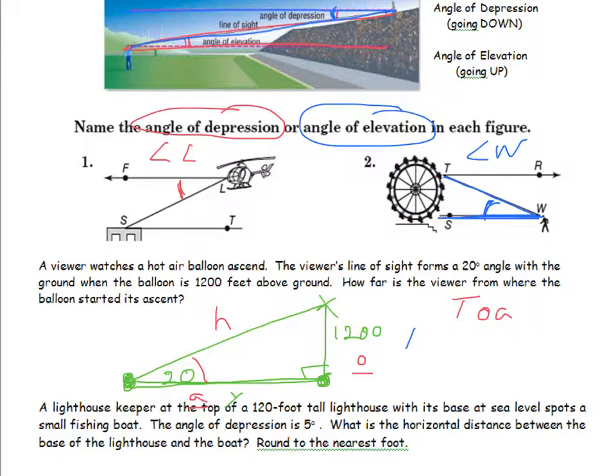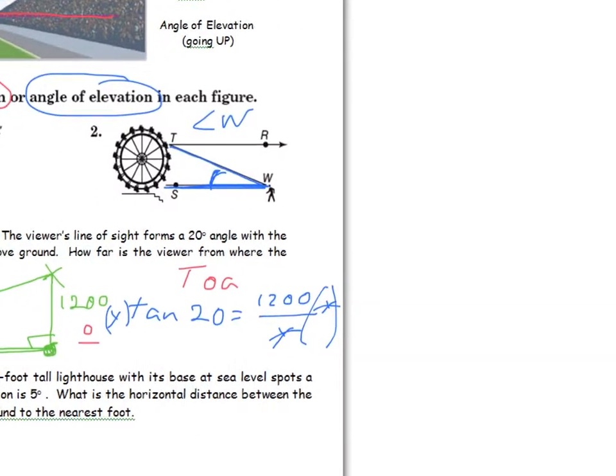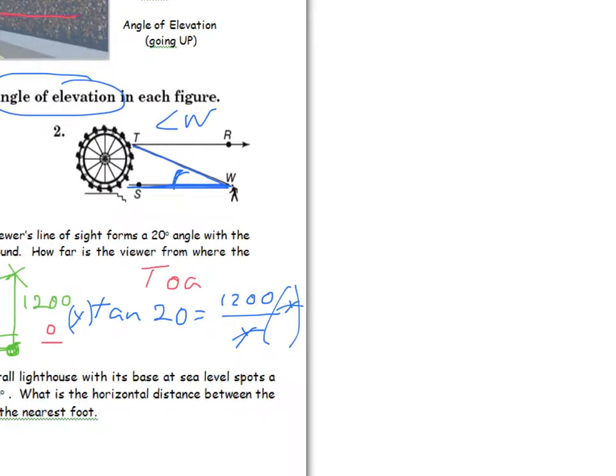So we would say that the tangent of the angle, which is 20 degrees, is equal to opposite over adjacent, and that's what we have. We multiply times Y. That would leave us with Y times tangent 20 equals 1,200.